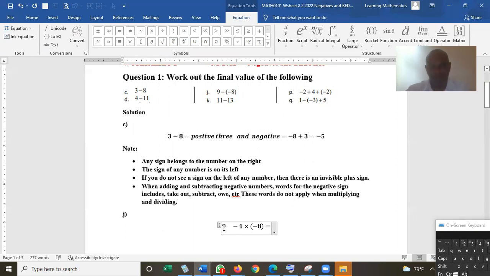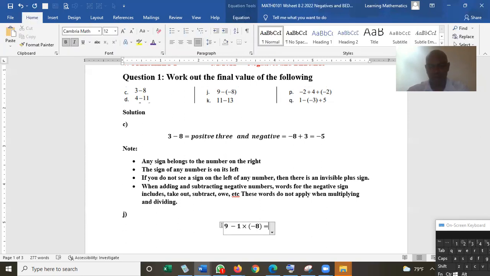So that's a 9 and a negative 1 times a negative 8. Okay, that's 9 subtract 1 times negative 8. It would be wrong to say 9 subtract 1 is 8 times negative 8.